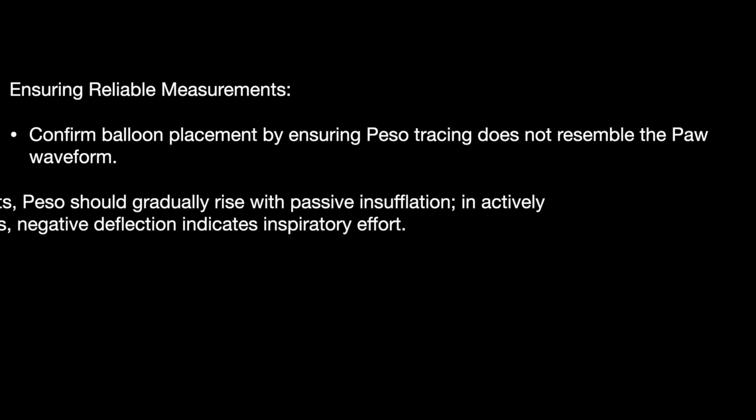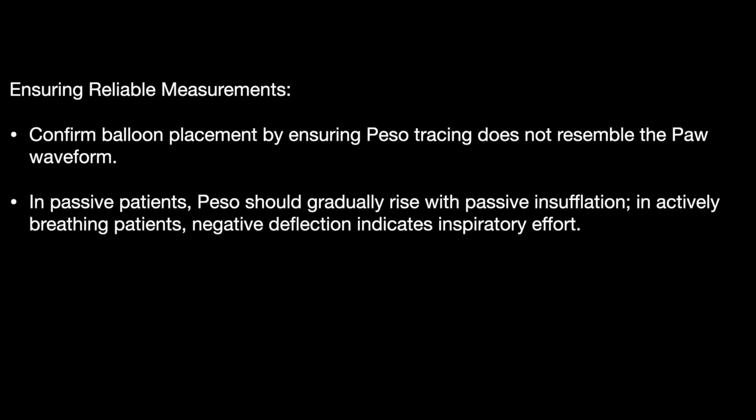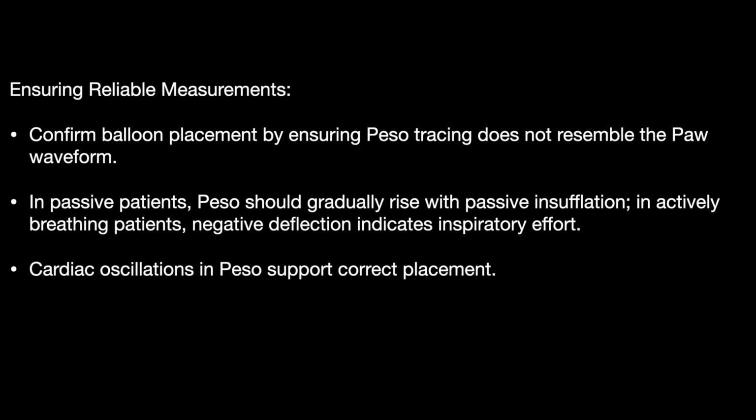So how do we ensure that there is a reliable measurement? Confirm balloon placement by ensuring that the esophageal pressure tracing does not resemble the airway waveform. In passive patients, the esophageal pressure should gradually rise from passive insufflation. In actively breathing patients, a negative deflection indicates inspiratory efforts.